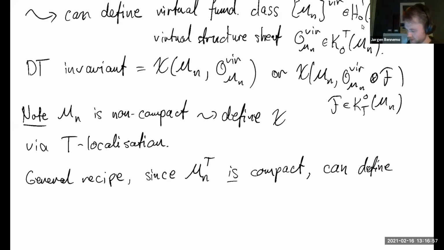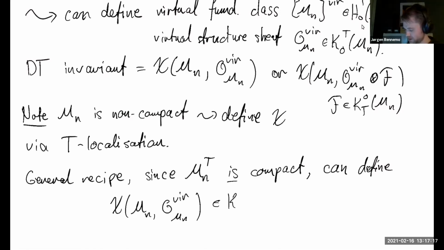So we define this thing, and it's not going to be an alternating sum of cohomology spaces. It's not defined in that way, but it's going to be some element living in K naught T of a point, in some localized version of this.